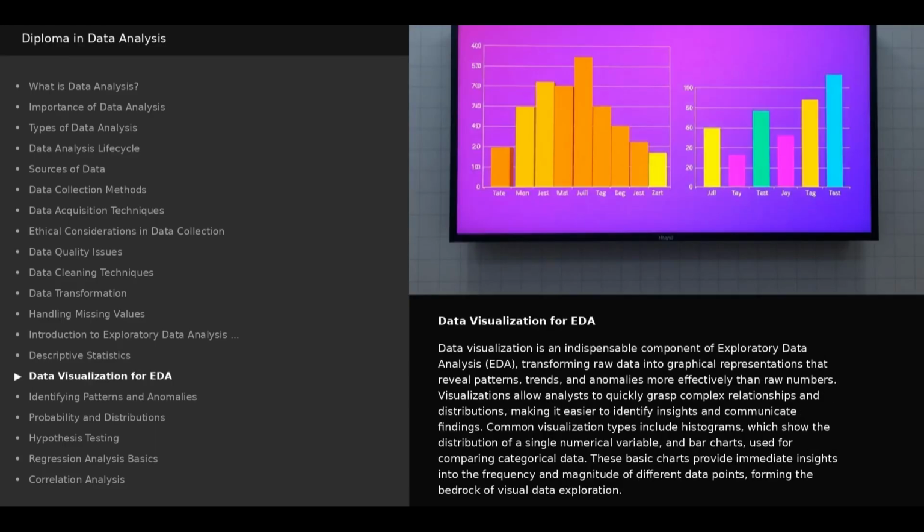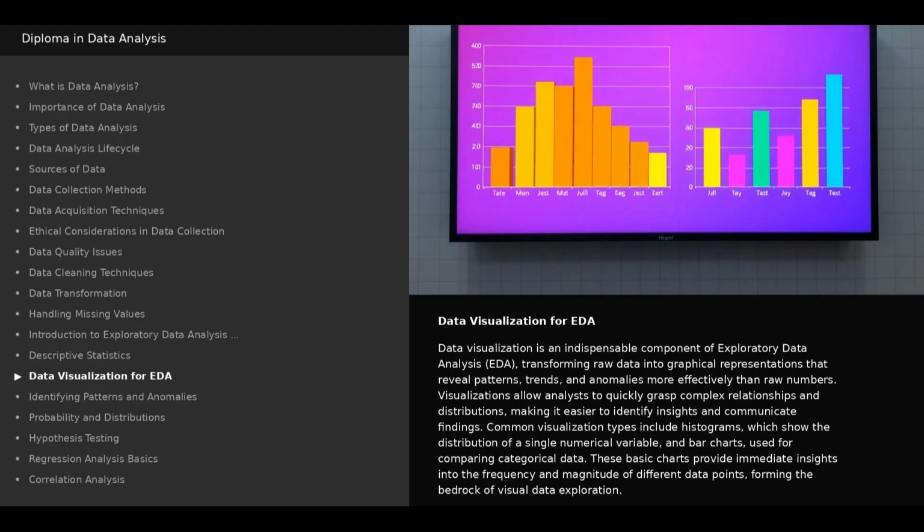Data visualization for EDA. Data visualization is an indispensable component of exploratory data analysis (EDA), transforming raw data into graphical representations that reveal patterns, trends, and anomalies more effectively than raw numbers. Visualizations allow analysts to quickly grasp complex relationships and distributions, making it easier to identify insights and communicate findings.